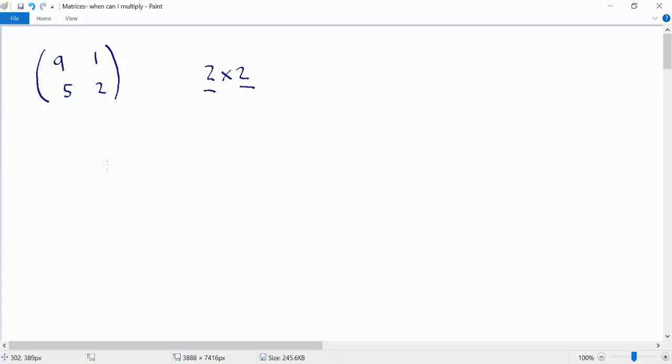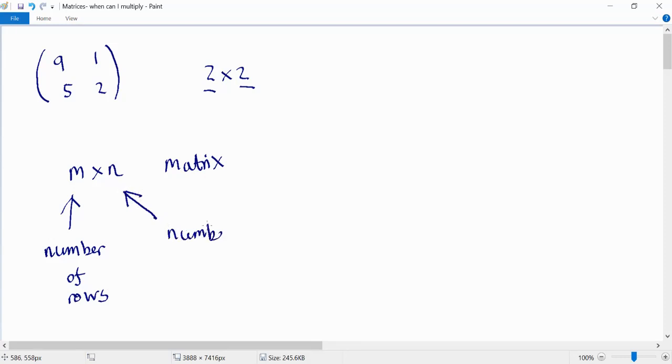So if we're talking about a matrix in general, an m by n dimension matrix, the first number refers to the number of rows in the matrix, and the second number refers to the number of columns in that matrix.